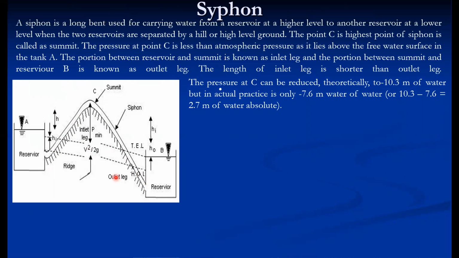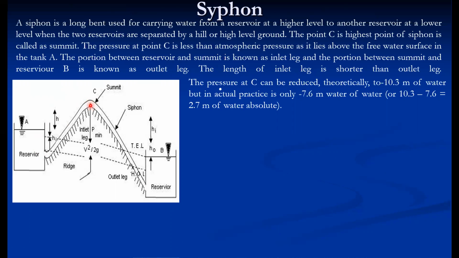Now we have to make sure that flow is possible, because here there is some elevation, and if this height slightly exceeds the limit, then the flow is not possible. The pressure at C can be reduced up to absolute zero pressure, because fluid always flows from high pressure to low pressure.